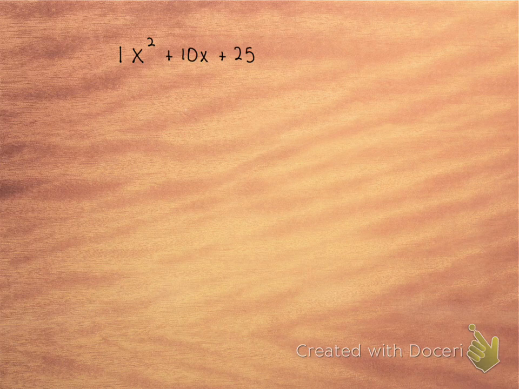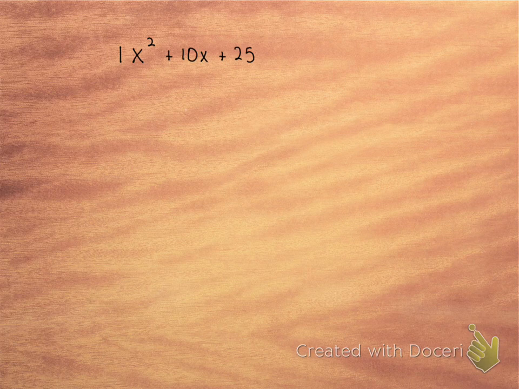Now we could factor this to say two numbers that multiply to be 25 have to add to be 10, and both my signs are the same, and they're both positive. That will still work. But there's also a method to recognize perfect square trinomials, and that's the goal.